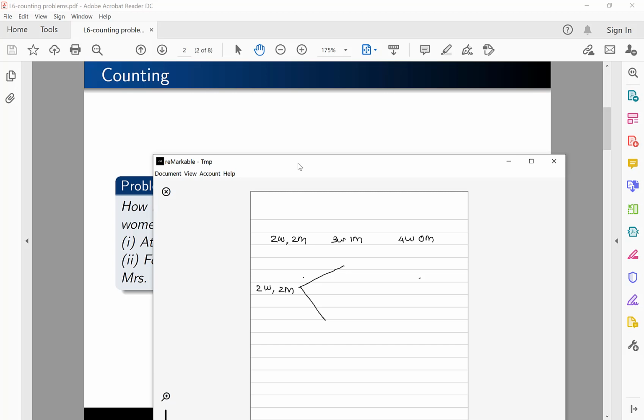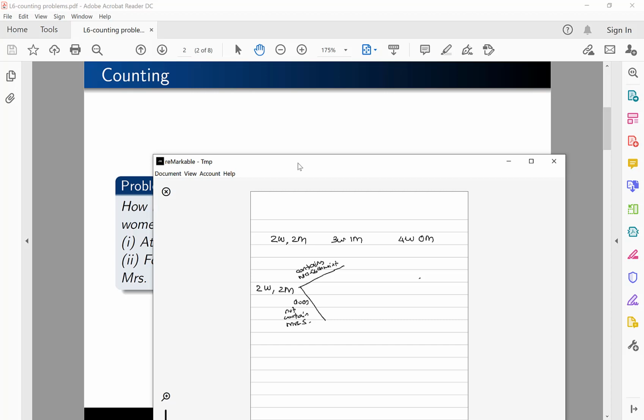So it contains Mrs. Schmidt, and we have another possibility that this committee does not contain Mrs. Schmidt. So there are 2 possibilities.